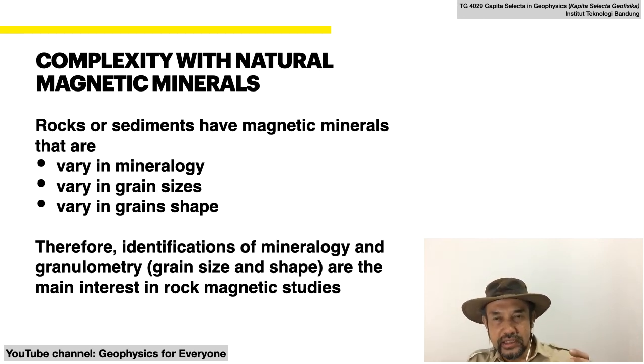Even with a single mineral, you could have different grain sizes and different grain shapes. This variation makes the identification of rocks rather challenging. Therefore, identification of mineralogy and granulometry, or grain size and shape, are the main interests in rock magnetic studies.